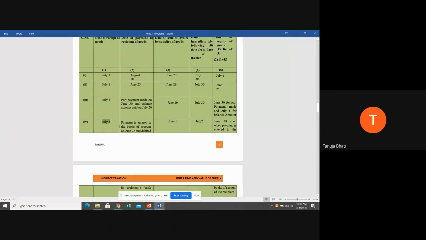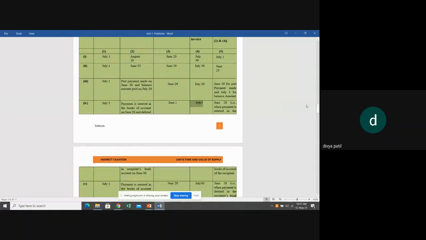Sorry, students. You need to compare July 5th, June 28th, and July 2nd. So among these 3 dates, which is the date that is earlier? June 28. So June 28 will be the time of supply. That is when payment is entered in the books of accounts of the recipient. Is this clear, students? Is case number 4 clear?